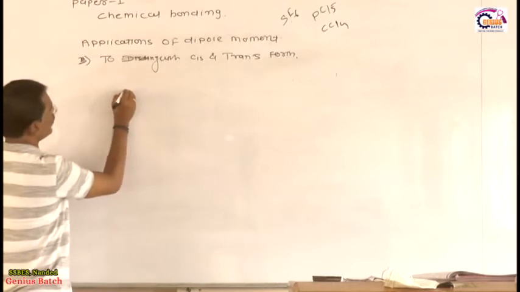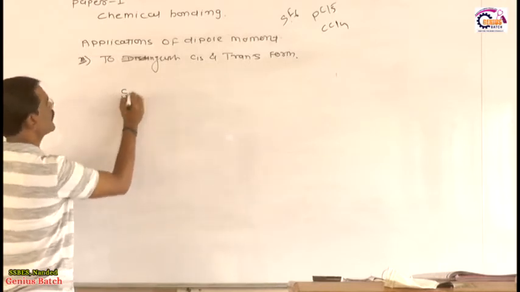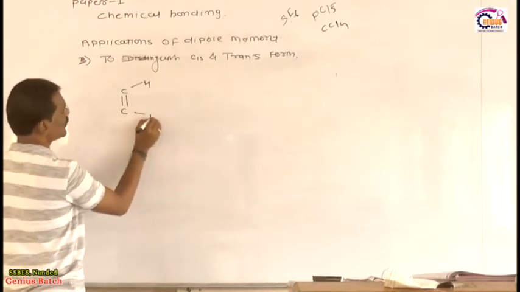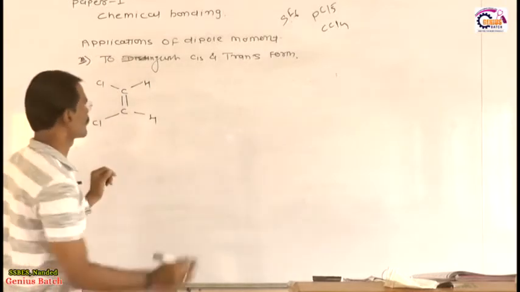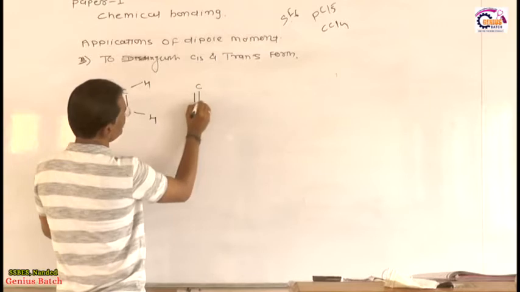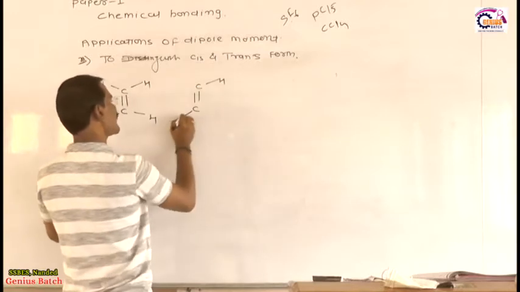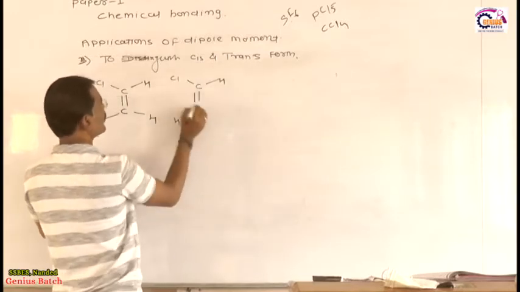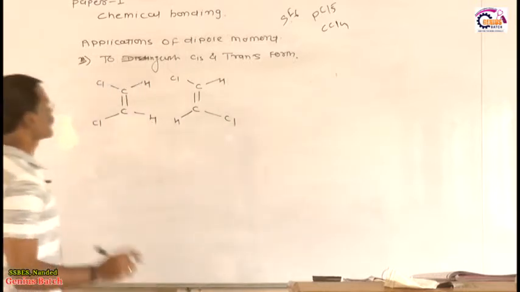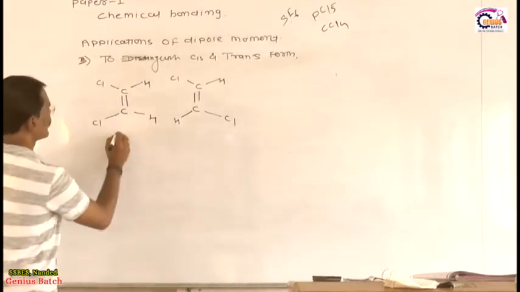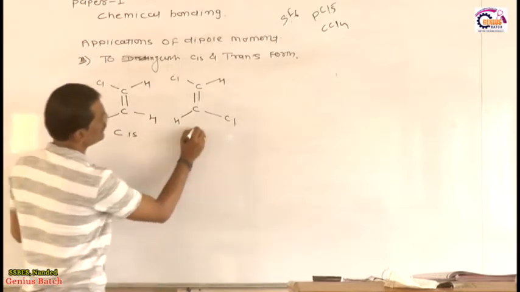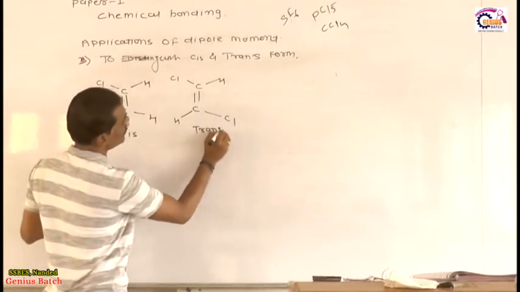Suppose I have a molecule C double bond C, with H and Cl on one carbon, and H and Cl on the other. Now these two similar groups are on the same side, therefore the configuration of this molecule is cis, and the configuration of the other molecule is trans.